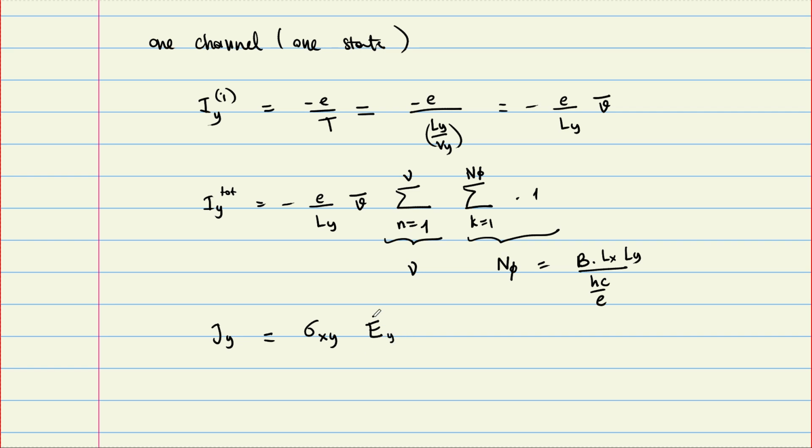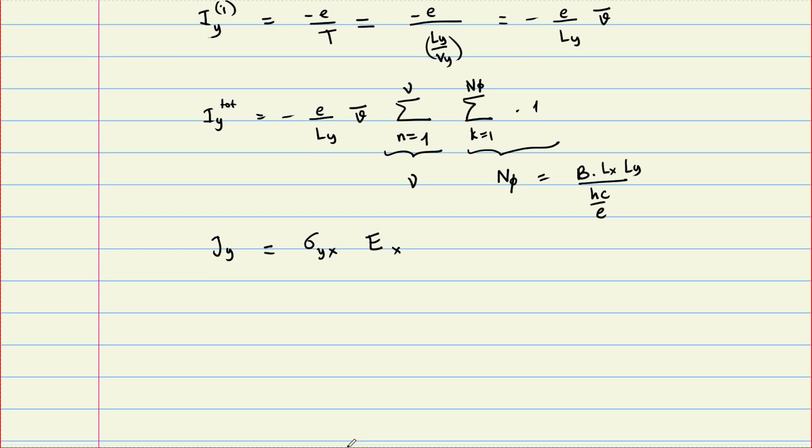This is going to be y, so this is yx, this is Ex. This is what I want to write, and sigma yx turns out to be, there's an overall sign, let's not worry about that, e over Ly. So v is c E over B, so I have taken care of this, nu, and there is B Ly divided by hc over e.